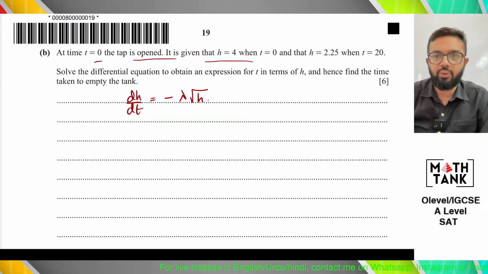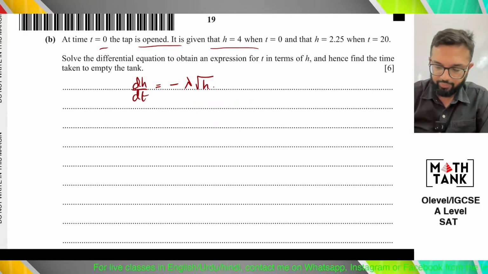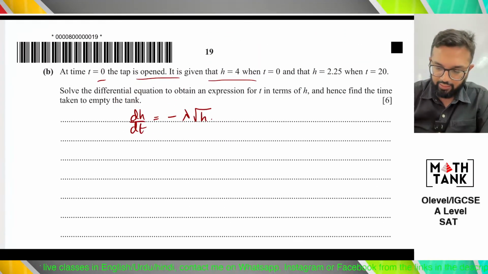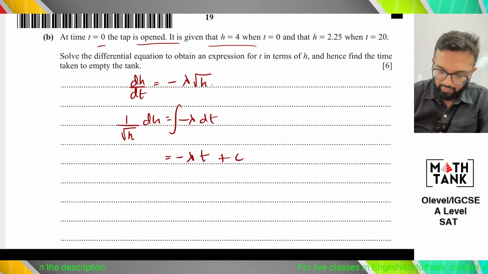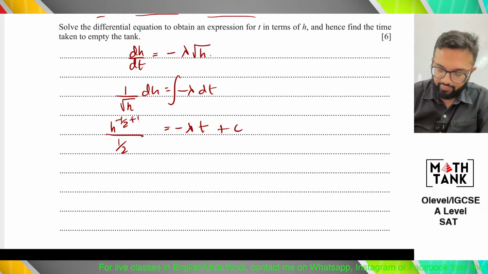So even if you were unable to prove the previous part, you can still do the next part and say that root h comes here. So I have 1 over root h dh minus pi dt. So this becomes minus lambda t plus c and h power minus half plus 1 over half. So that gives me 2 root h.